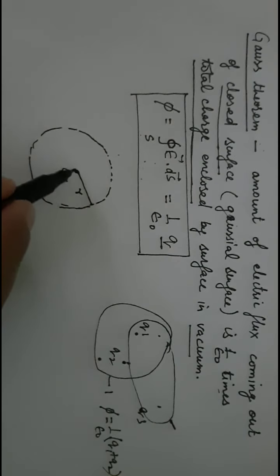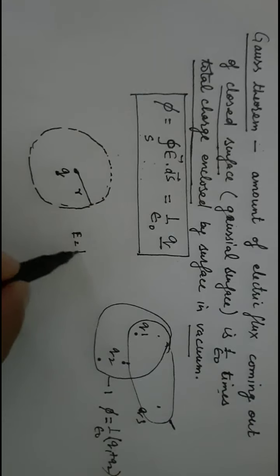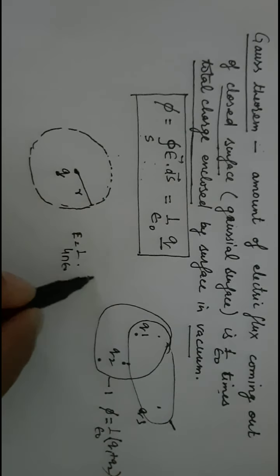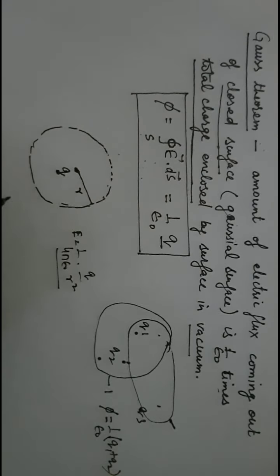We know that the electric field produced by this charge on the surface is 1 upon 4 pi epsilon naught times Q by r square. The direction is radially outward.